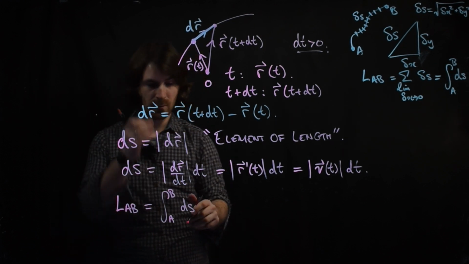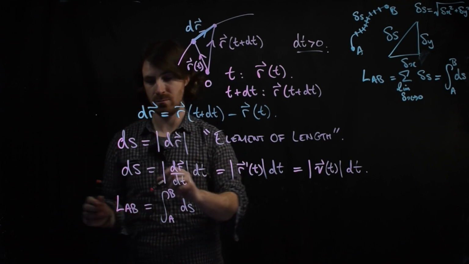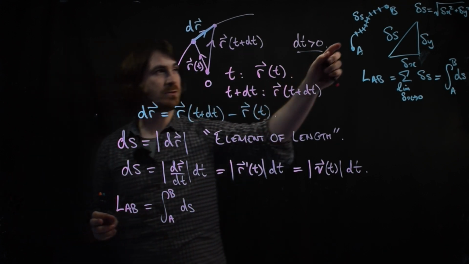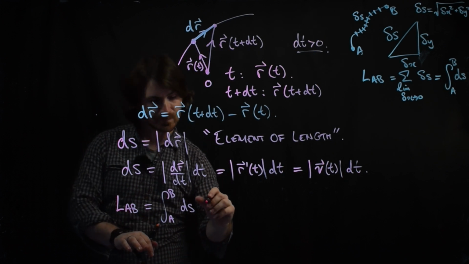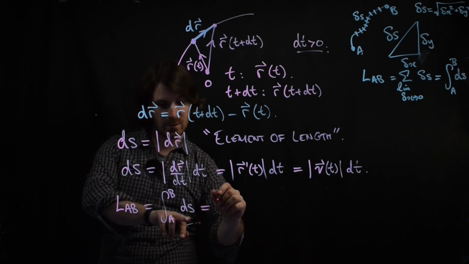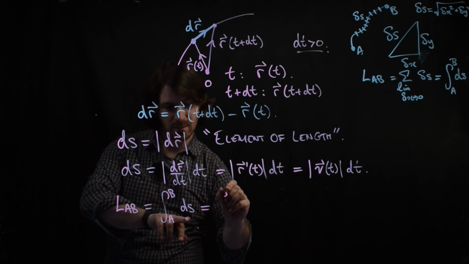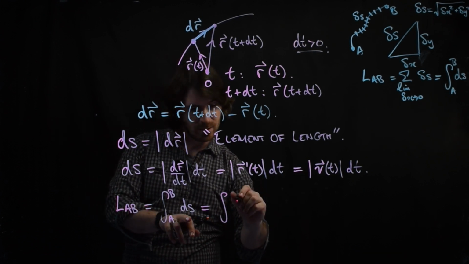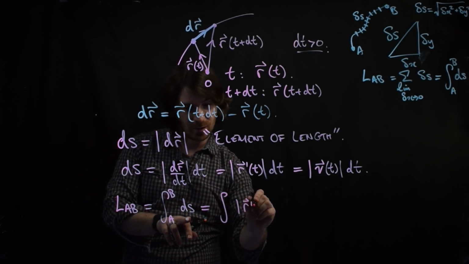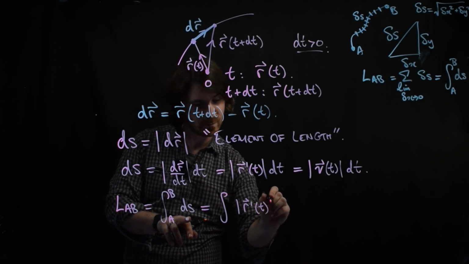So again we're going back to this image of adding up all the little ds's. We now know what ds is in terms of our parameter t. It's the derivative of r with respect to t. We call that r prime.